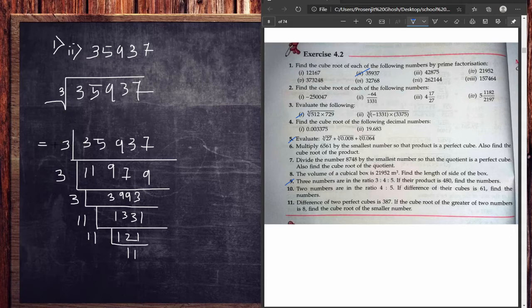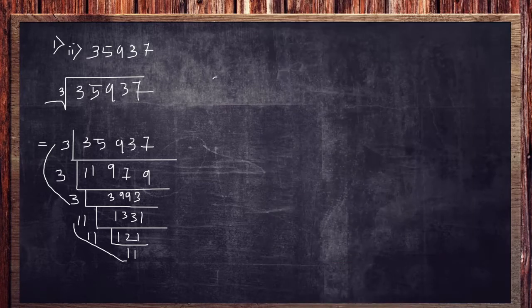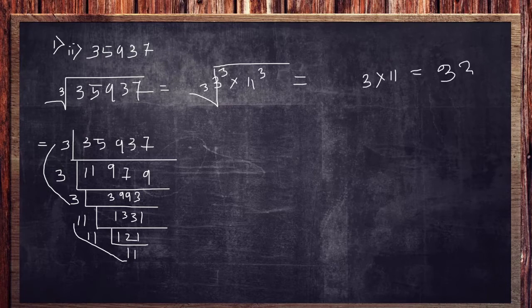So finally you get the factorization where you have 3 multiplied and 11. Now we just have to write it as 3 cube into 11 cube. So we can write it as the cube root of 3 cube into 11 cube. That means 3 into 11 will come out from there. That is, the answer should be 33.